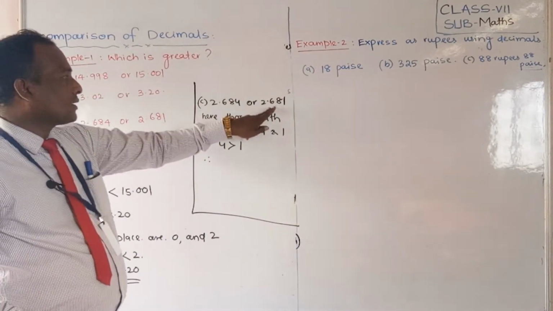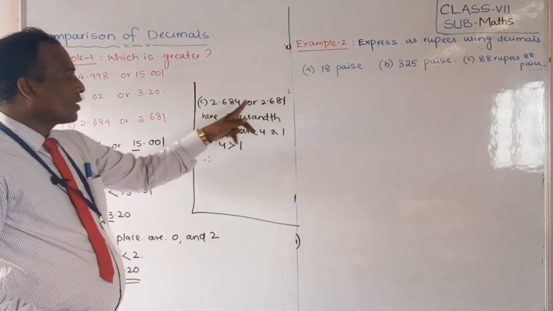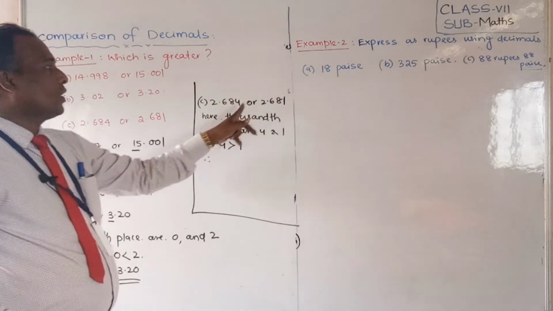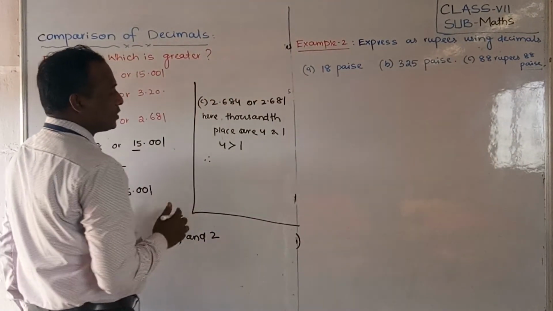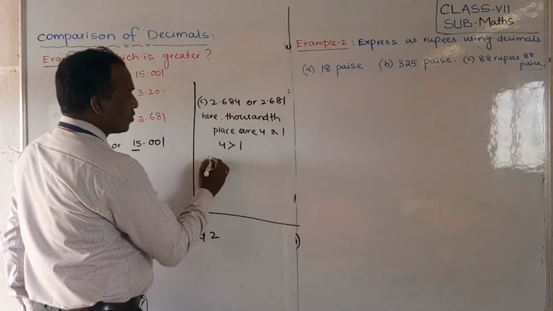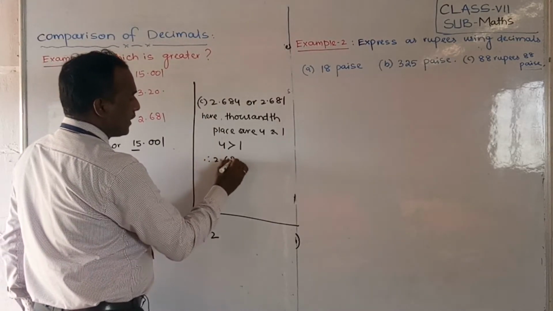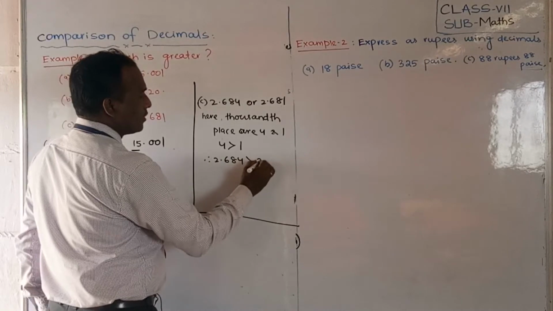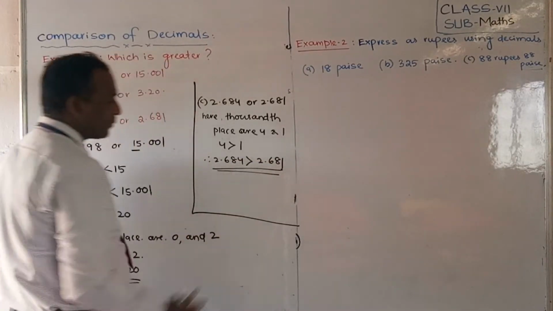Here whole part both are same, 10th place also same, 100th place also same. But 1000th place we have to see. So from the left you have to compare both numbers, check and go to the right side. So now, what can you get? 2.684 is greater than 2.681. Did you understand, students, how to compare that?